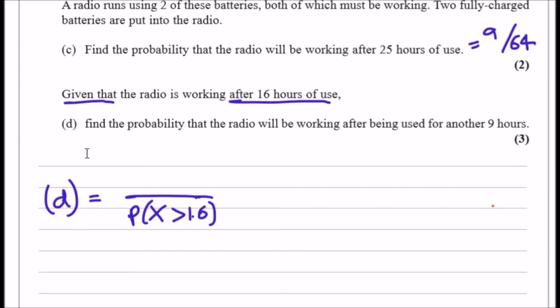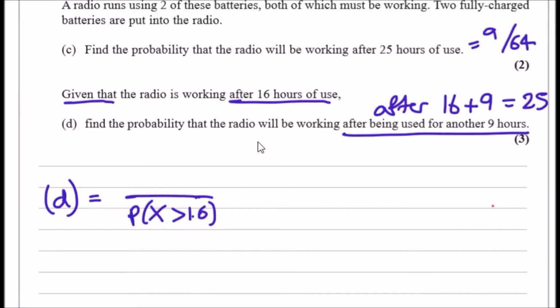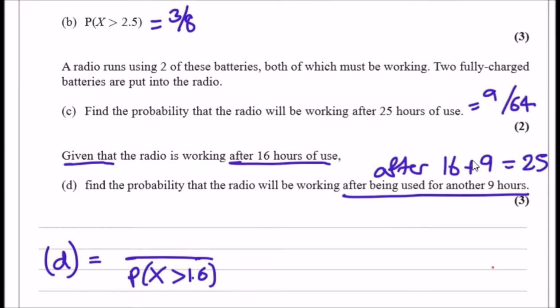Now, for this plus statement, find the probability that the radio will be working after being used for another 9 hours. Notice the word another 9 hours. So this literally means after the original 16 plus 9 hours, which is actually 25, which is what we did for B and C. However, be very careful here.